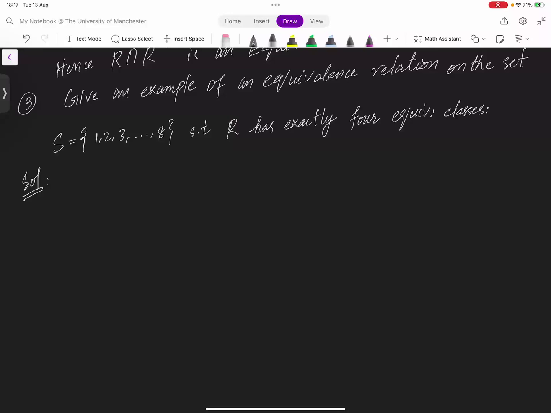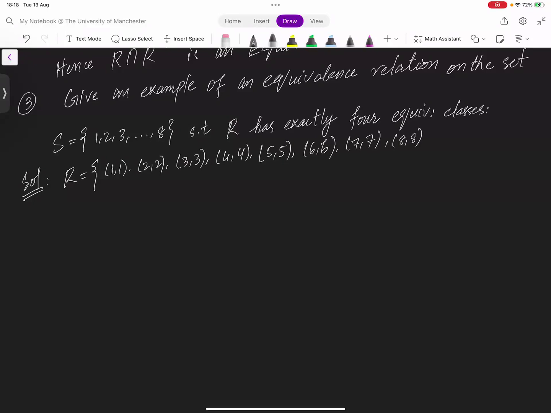We can try by looking at the elements inside the equivalence relation R. Let's say we have a relation R which has elements like this: (1,1), (2,2), (3,3), (4,4), (5,5), (6,6), (7,7), (8,8).